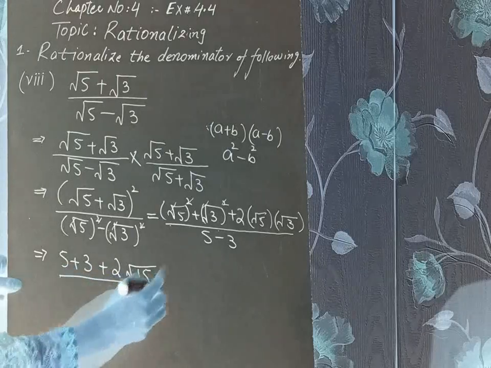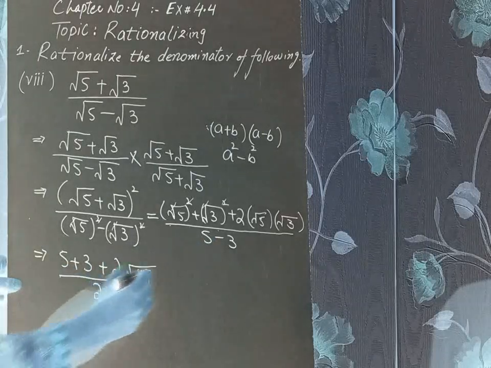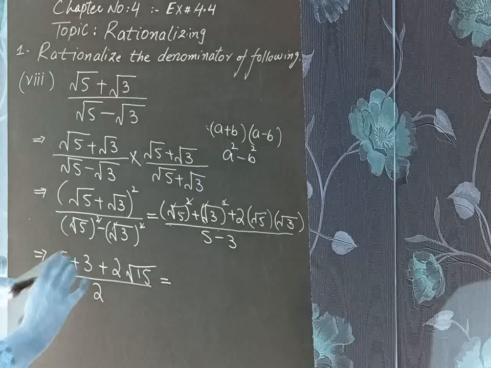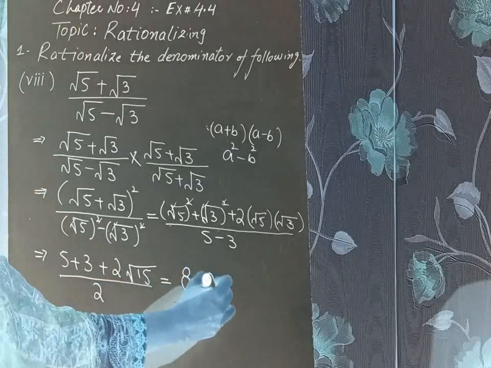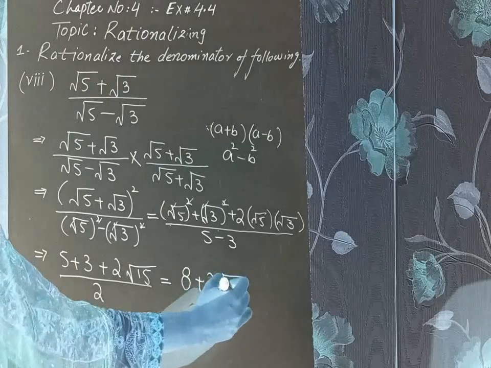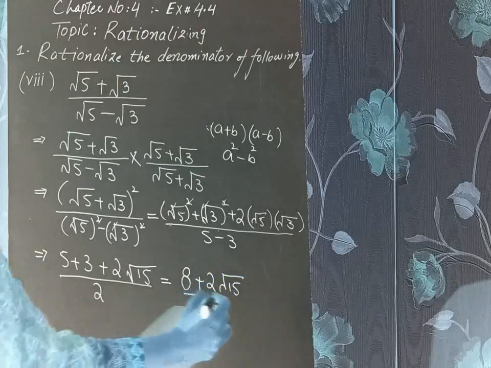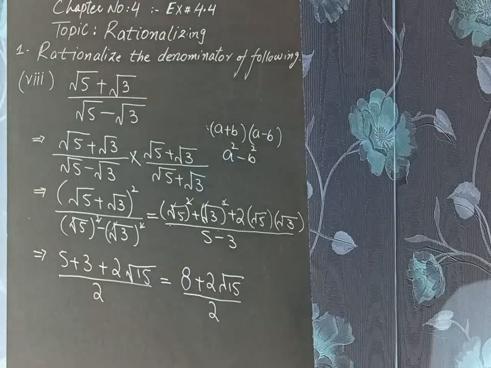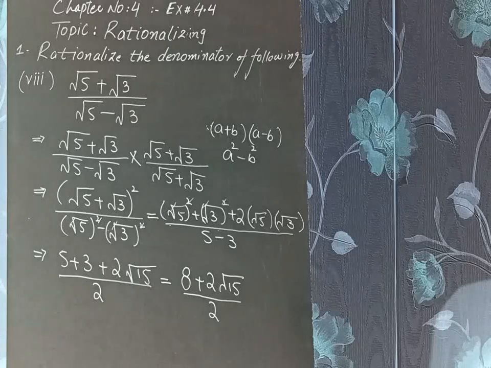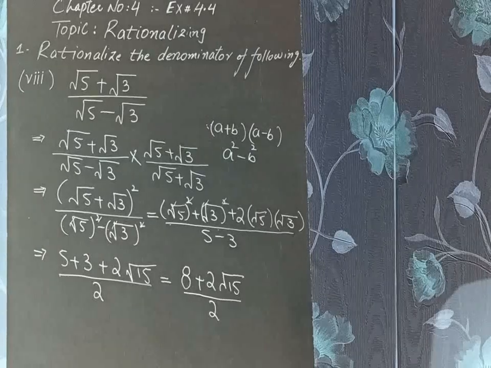This is divided by 5 minus 3, which is 2. Now 5 plus 3 is 8. So 8 plus 2 under root 15 divided by 2. You can take the common factor from here, 2 from 8 and 2.